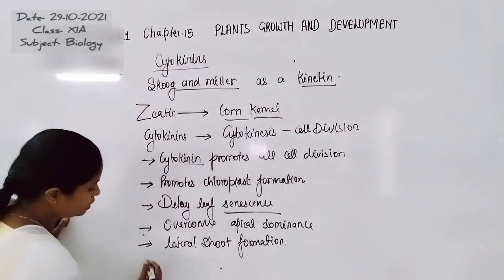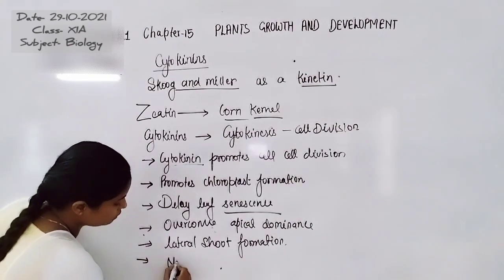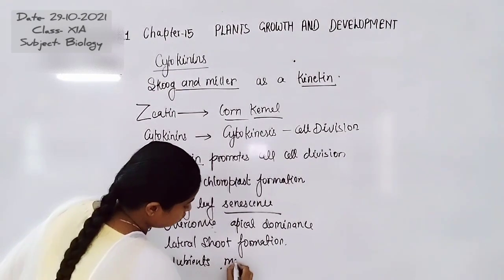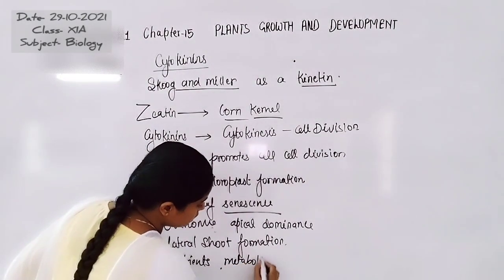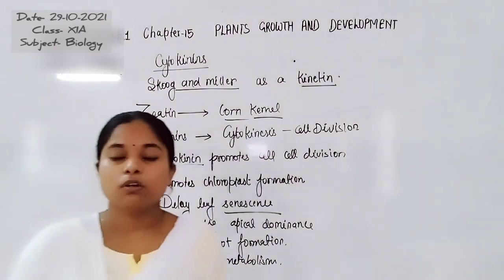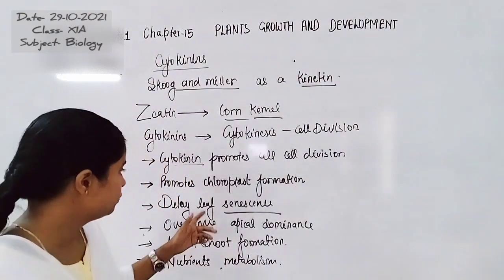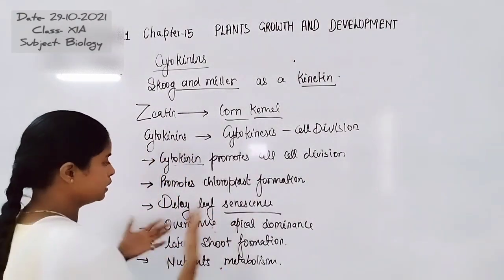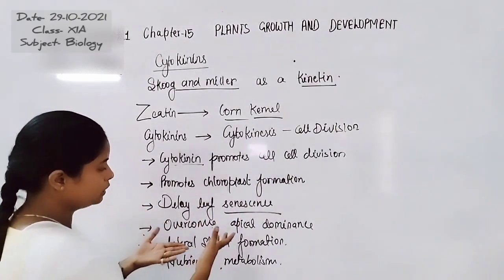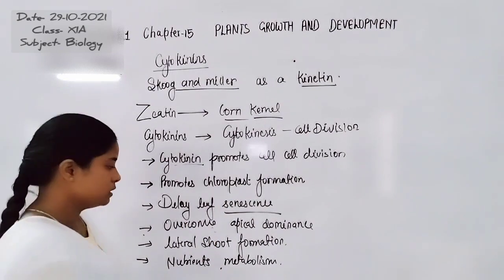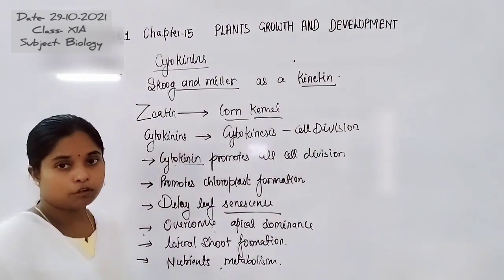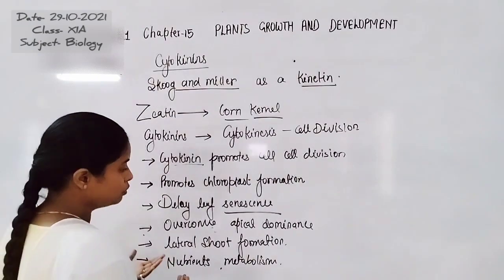Another function is that nutrient metabolism is also carried out by the cytokinin, because during favorable conditions, if they have more chloroplasts for more photosynthesis, and also delay senescence, the amount of carbohydrate formed during photosynthesis increases.